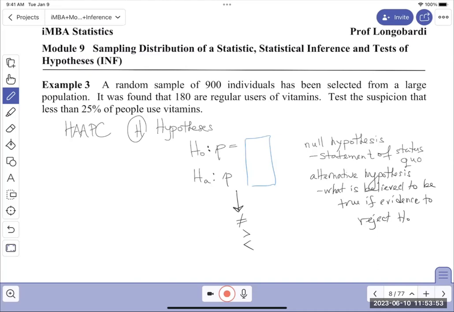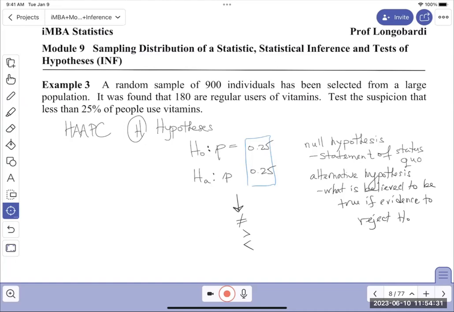So the proportion, I have to pick one number that goes here, and this is going to be what I believe to be true if I find evidence against the null. So what number should it be? More than 25%? No, just the number, not the sign yet. What number? 25? Yes, 25%. So this is going to be 0.25, and the number I put here, I'm also going to put here. And now you tell me what I put there as the alternative.